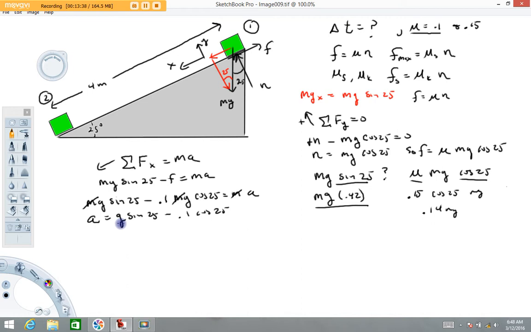You can just type that in just the way you heard it there. I get 4.05 meters per second squared for the acceleration. All right, so 4.05 meters per second squared. I think we're in good shape here. So now we know the acceleration of this object as it accelerates down the incline.